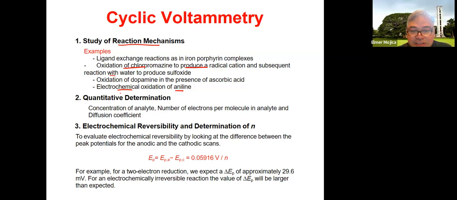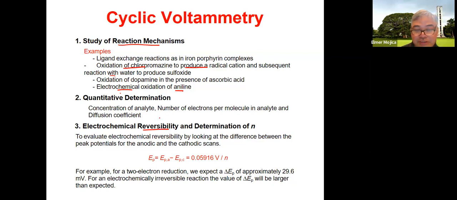Quantitative determination can also be useful. So you look at the concentration of the analyte, like the number of electrons per molecule in the analyte. So maybe you look at this, what we call diffusion coefficient. Now, you can also look at the reversibility of the reaction.